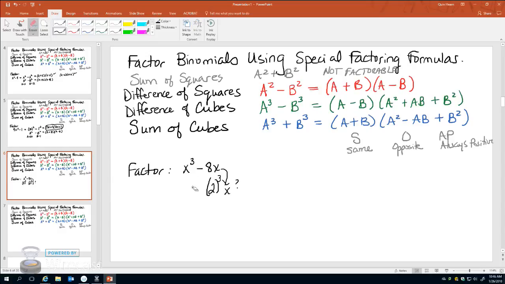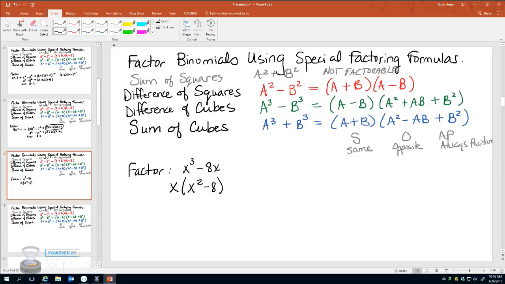But before we even check if it fits the pattern, we really should factor out any common factors. And so what you'll see here is that this 2-term binomial has an x in each term in common. So we could factor an x out, and that's going to leave behind x squared minus 8. Okay, now you should check to see if that fits one of these patterns.